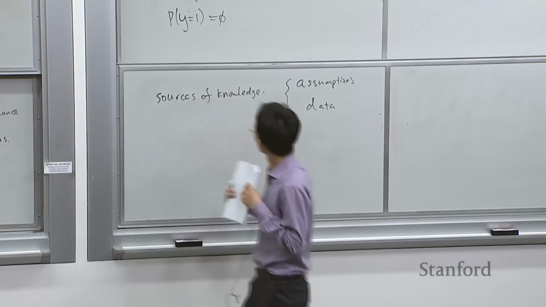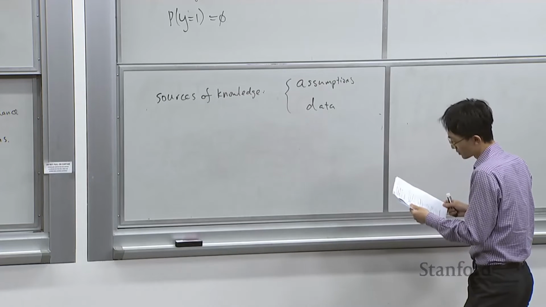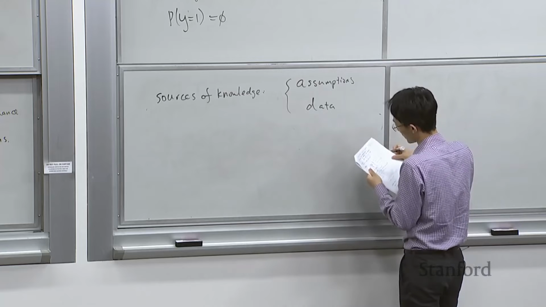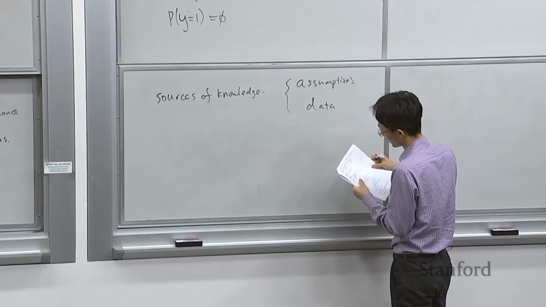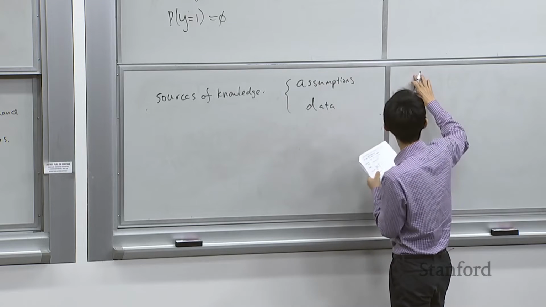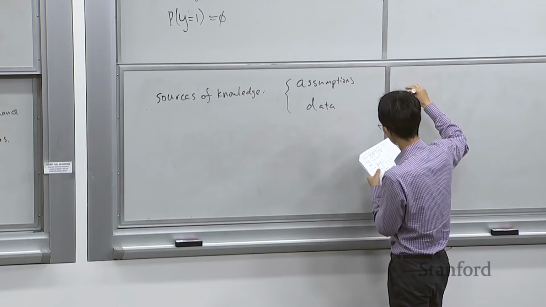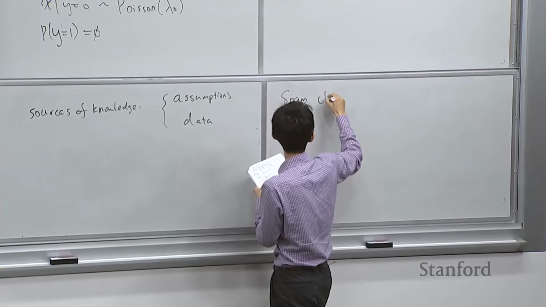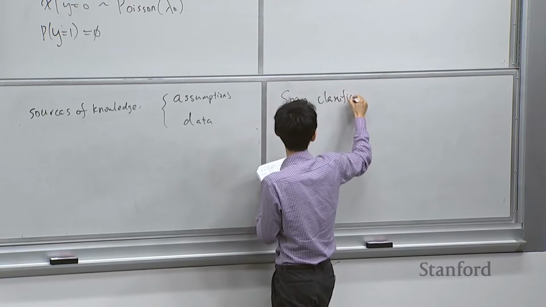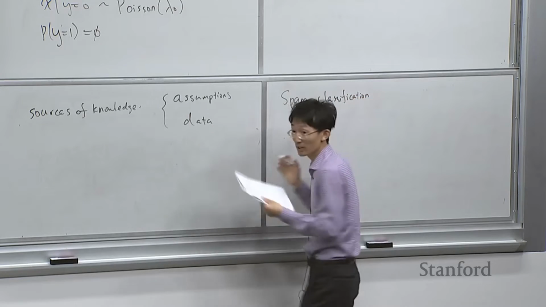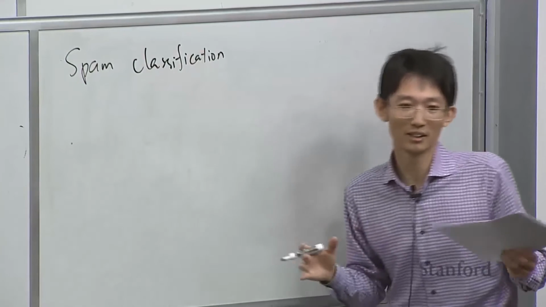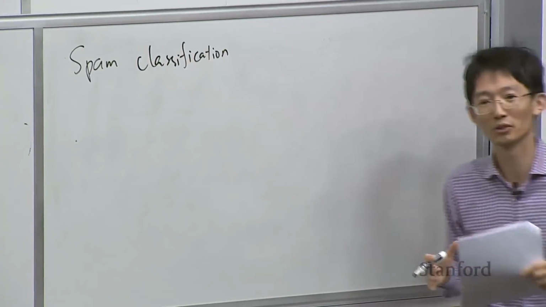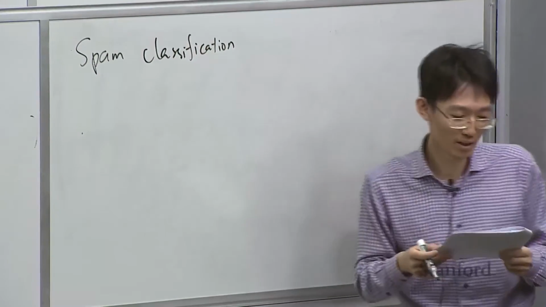Okay, cool. Now I'm going to move on to the next question, which is the so-called spam classification. You are trying to understand whether a piece of text is a spam email or not. Like you have an email spam filter, and you want to know whether your email is spam or not.